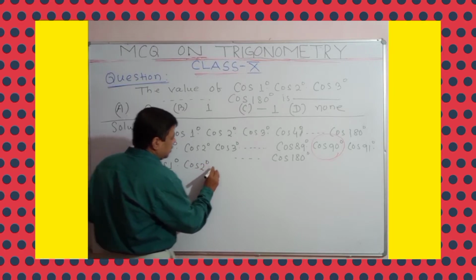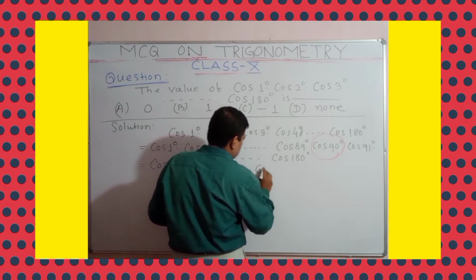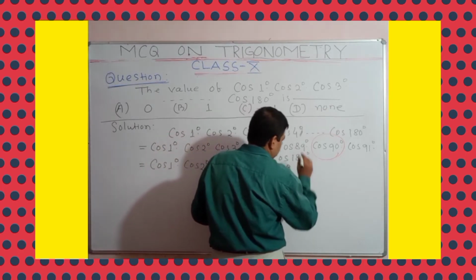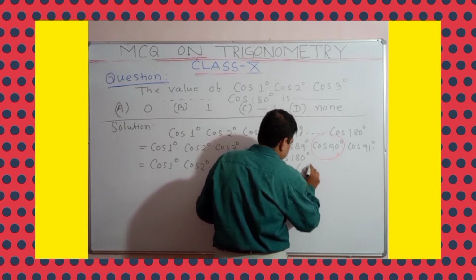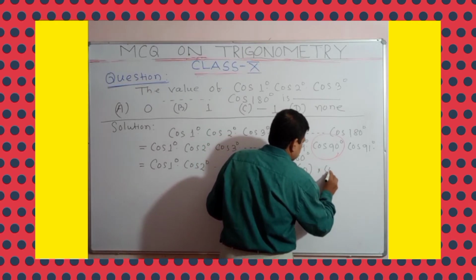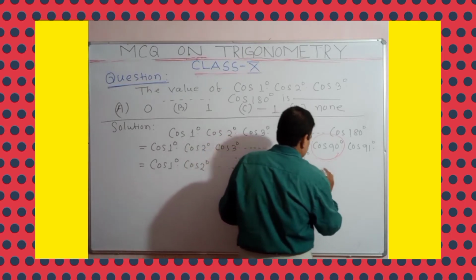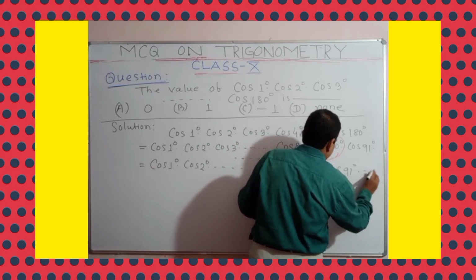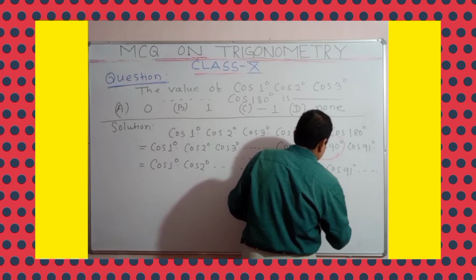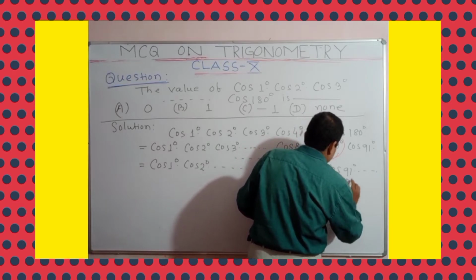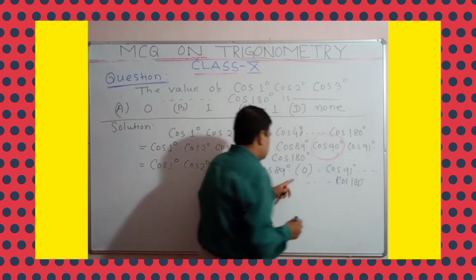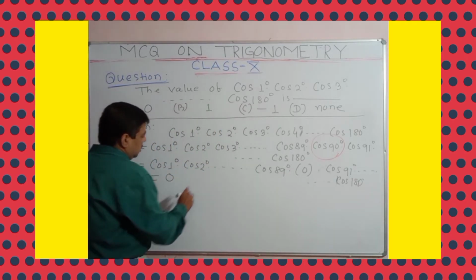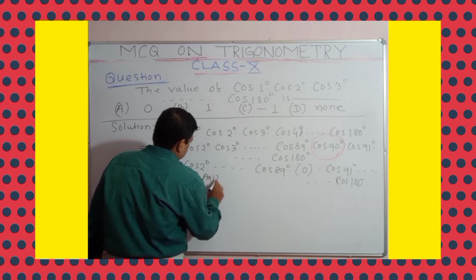Similar manner you can continue up to cos 89 degree into cos 90 degree, which is 0, into cos 91 degree up to last you can write cos 180 degree. Understand? Since one of the factor is 0, so whole value will be 0. Yes or no? Hence the required value is 0.